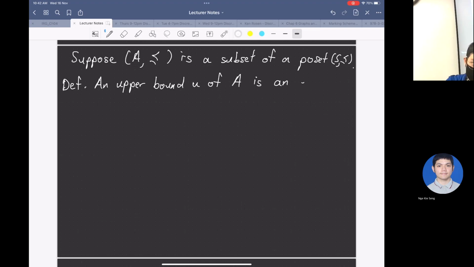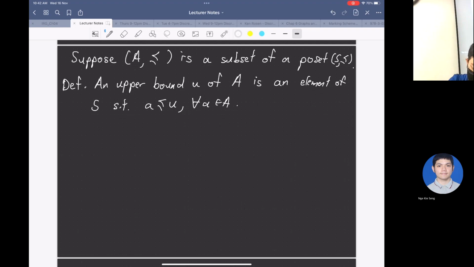So what's the upper bound? An upper bound is an element of X such that it is greater than or equal to a for all the elements in the subset. So you can bound everything in your subset.